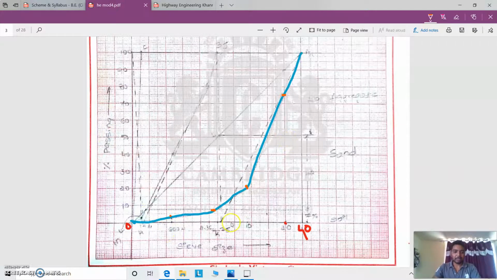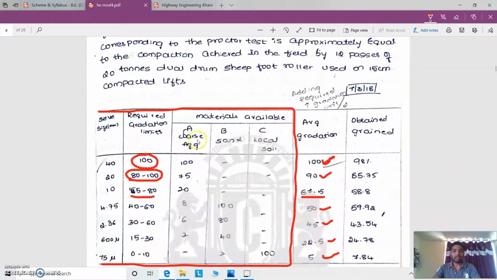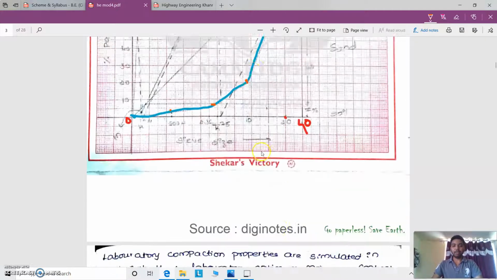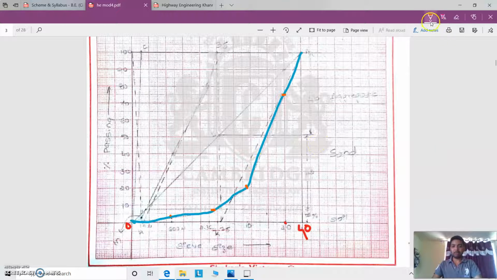This is for aggregate A. For aggregate B, at 4.75 mm it is 100, at 2.36 it is 80, at 600 micron it is 40, and at 75 micron sieve size it is 2, and the same thing is drawn here.